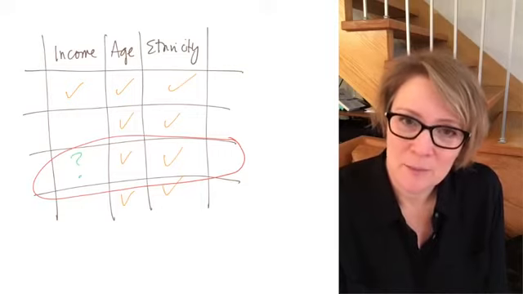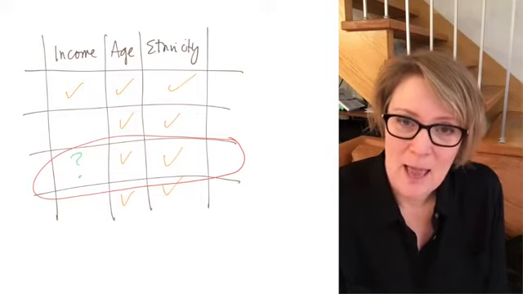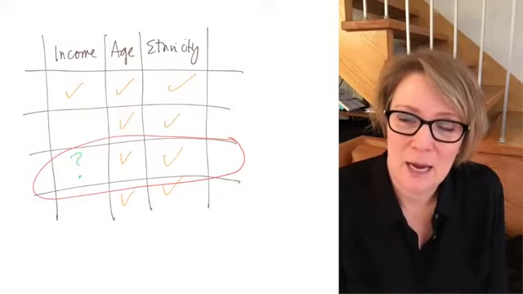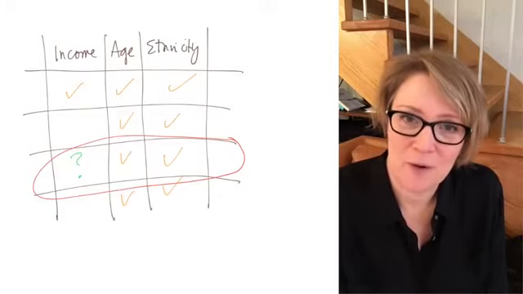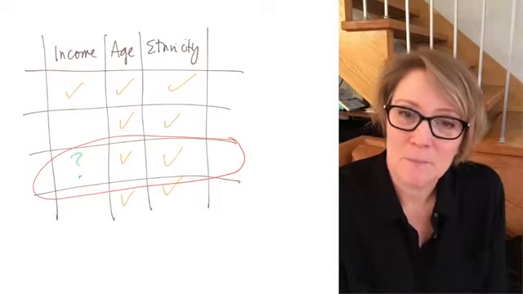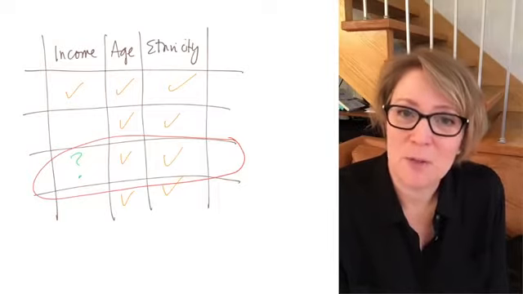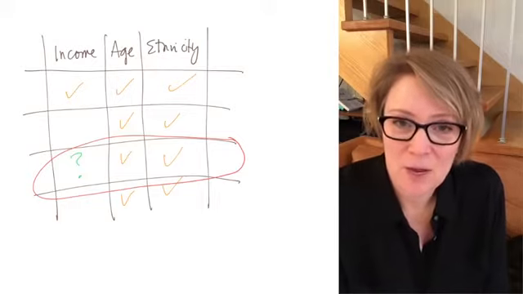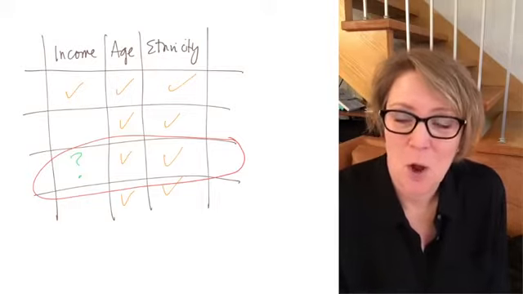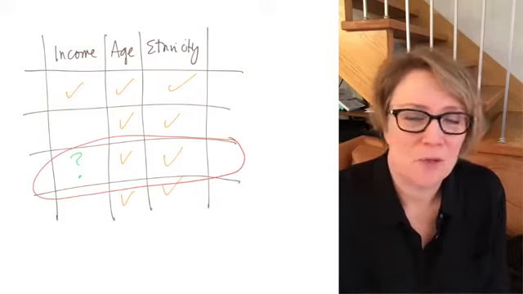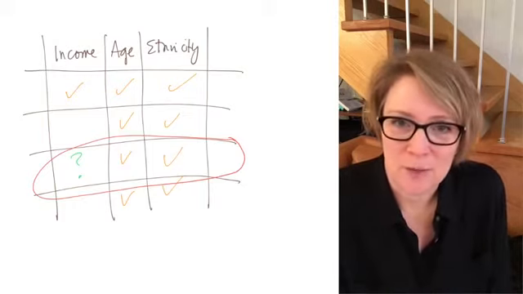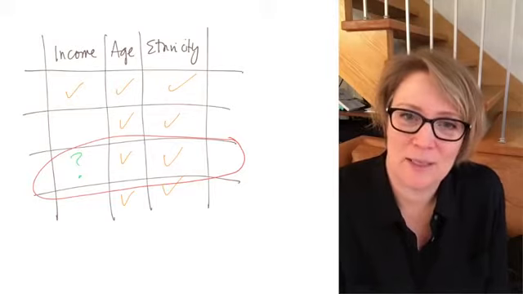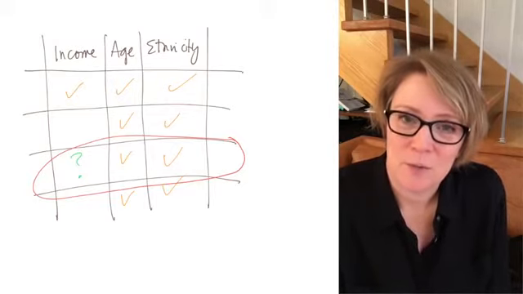You need to spend a little bit of time seeing if the missing income is related to other variables. Did people of one ethnicity mostly not answer the income question? Or did people of one age mostly not answer? Or did just a random variety of people not answer the income question?